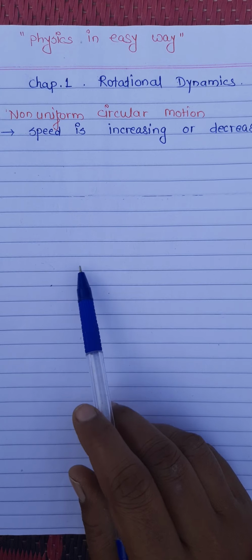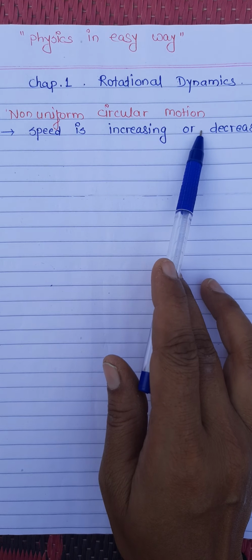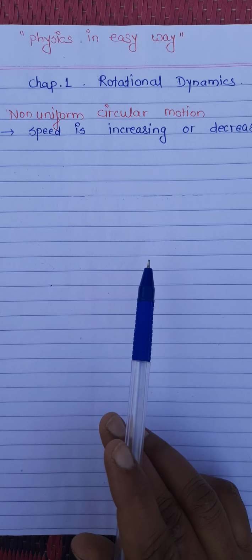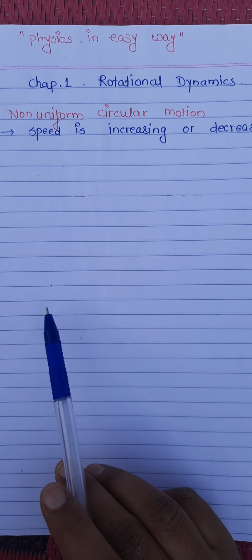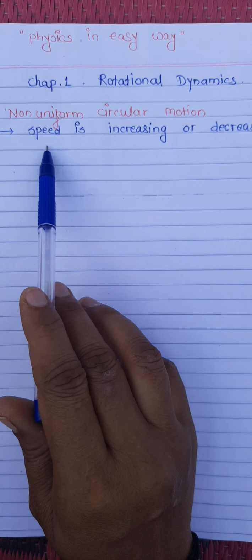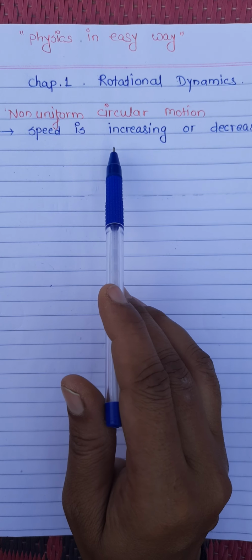Today we are going across the next point, that is non-uniform circular motion. Uniform and non-uniform. Uniform means the motion of that object with constant speed, but the word non-uniform suggests that the speed of that object is increasing or decreasing.